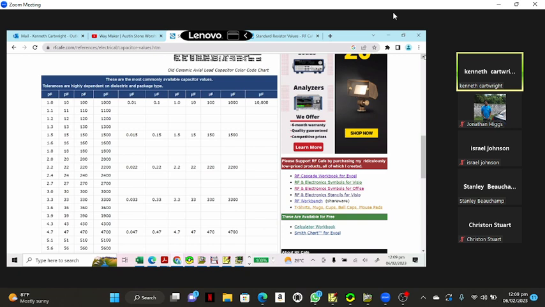Okay, but we don't want 15 nano. We want 0.15 nano. So you'll have to add a zero behind the decimal point. So how are we going to do that? You just put 0.0015 microfarad.